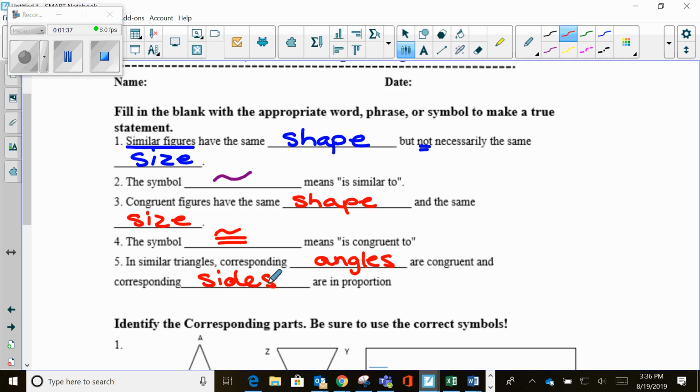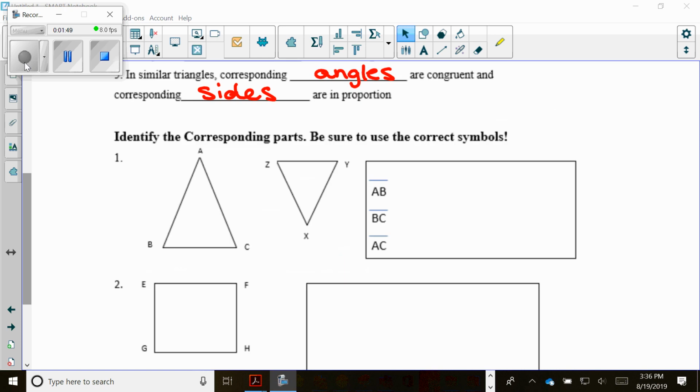So the angles, we're going to use the congruency sign, and for the sides, we're going to use the similarity sign. When we are identifying corresponding parts, we need to make sure to use the correct symbol. It's also important that we know how to name the triangles so that they are lined up properly when we name them.